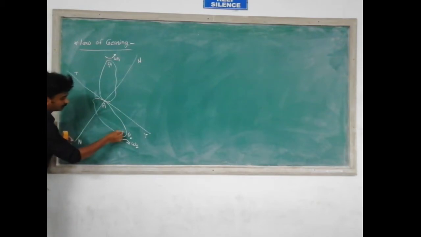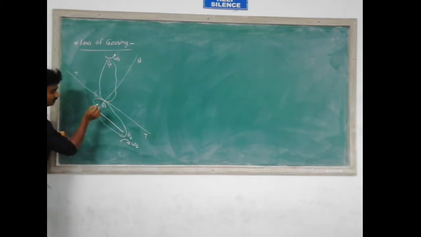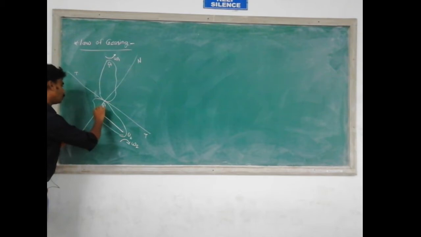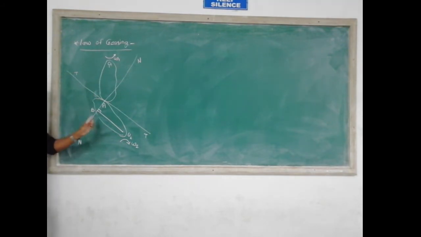How can we draw this line? In this way, and here we get a point B. How do we obtain the point B?